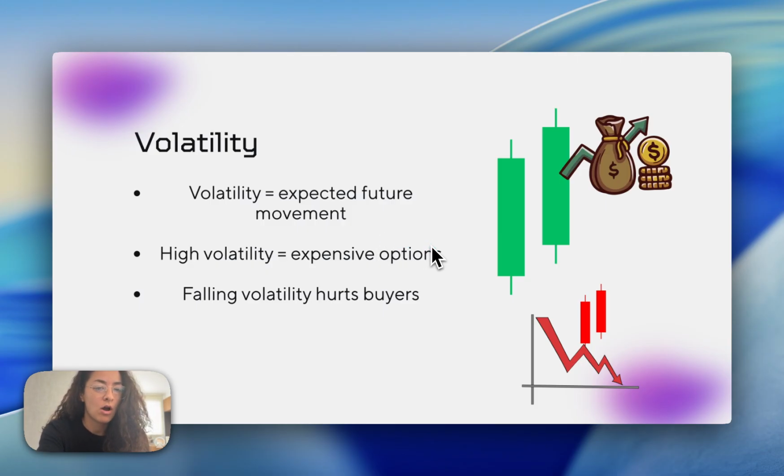So if you bought an option when the volatility was low and then the volatility starts increasing, then the value of our options will go up, which is pretty good. Falling volatility instead will hurt us if we are option buyers, because again, less volatility will give us less option value.